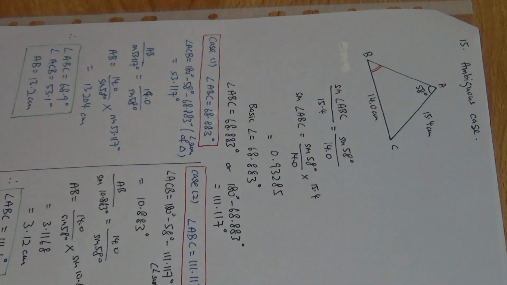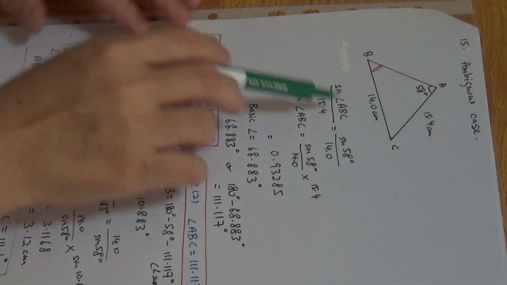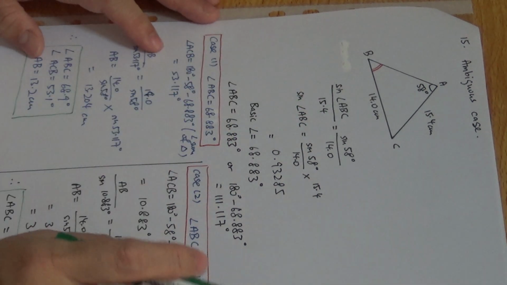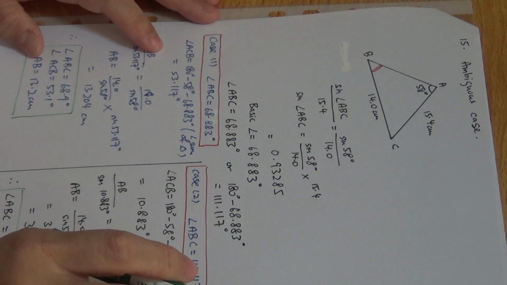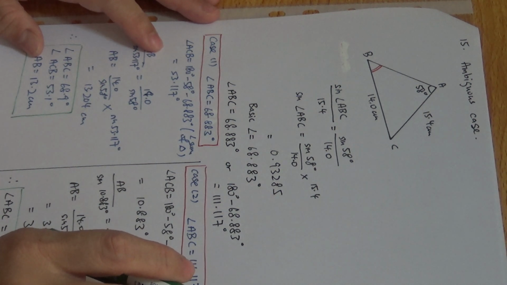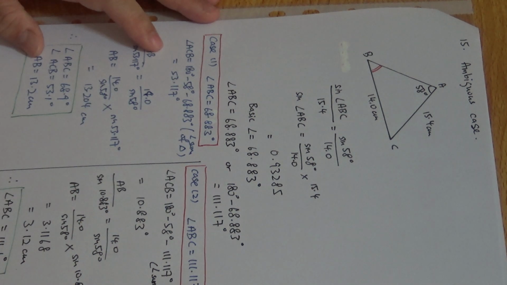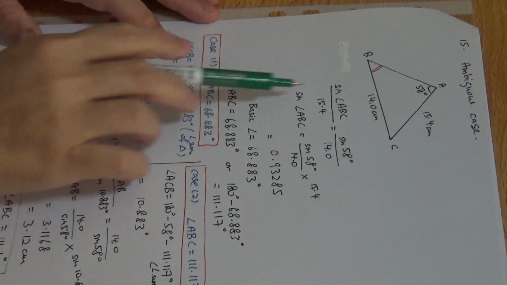Can you take a look at this particular question? Question 15 says to find angle ABC, ACB, and the length of AB. Now I'm going to show you the answer.